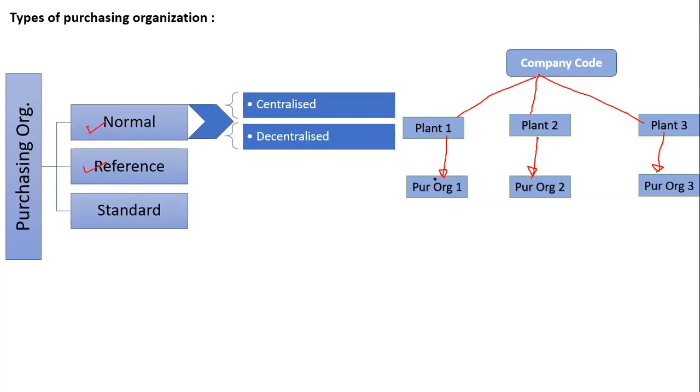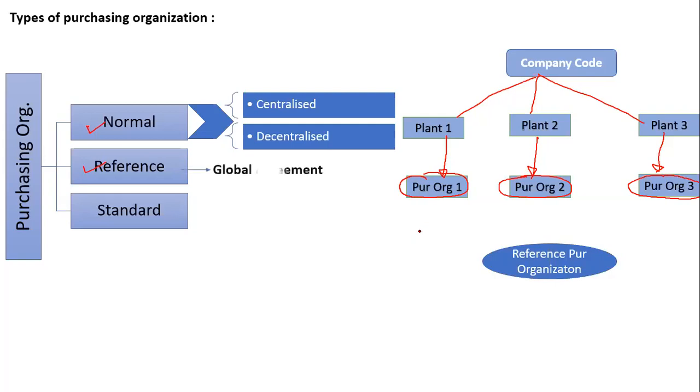If I don't want to maintain each time, I don't want to negotiate with the vendor separately for each purchasing organization, I will create one purchasing organization as a reference purchasing organization, and I will create a global contract. I will create a global agreement here, which can be used by these purchasing organizations.